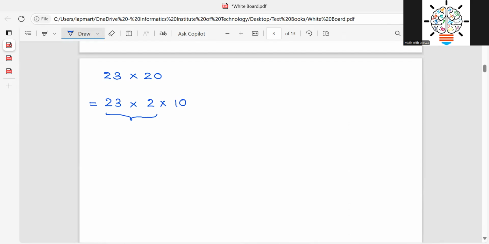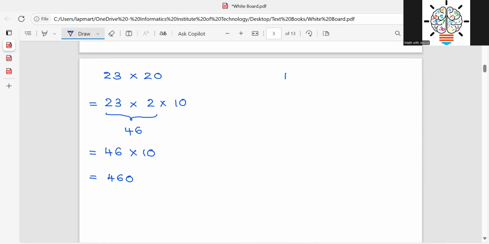When I multiply 23 by 2, what happens? What will be the answer? So that is 46, right? That is 46. Then what do we have? We have 46 to multiply by 10. Then my answer is 460. It's easier, right?